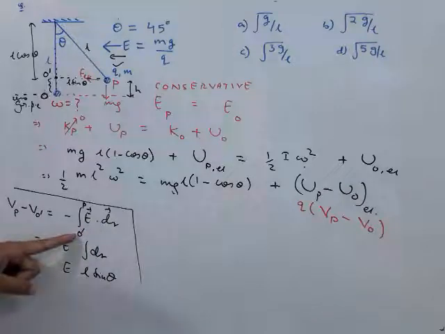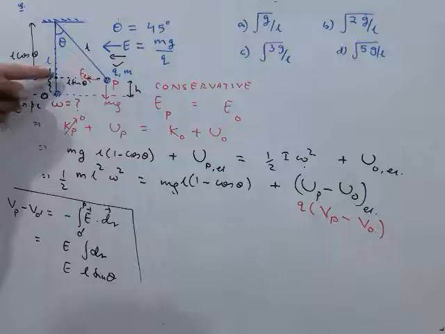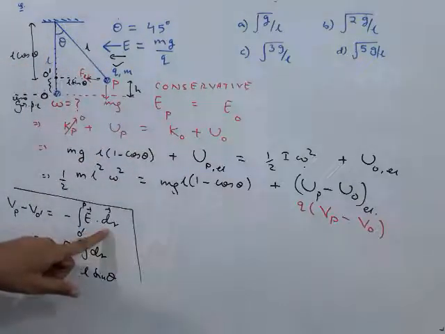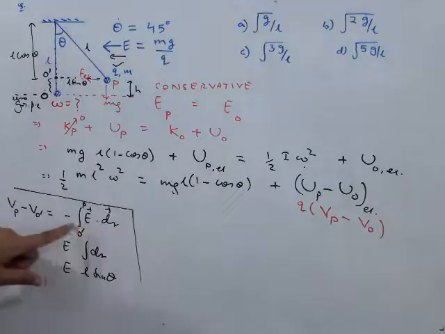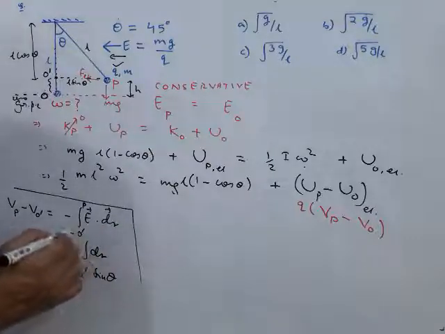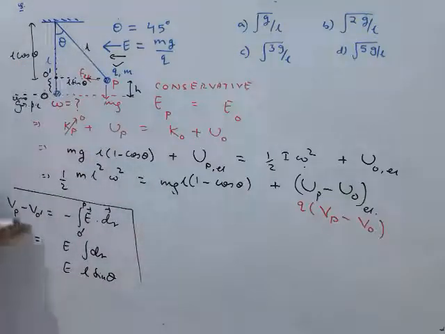Now I am moving from O dash to P, in a direction opposite to the electric field. So this dot product becomes negative, cos 180, and this minus sign becomes plus. We are left with integration E dr. E being constant comes out, and we are left with integration dr, which from this point to this point is nothing but L sin theta. So this is the potential difference.